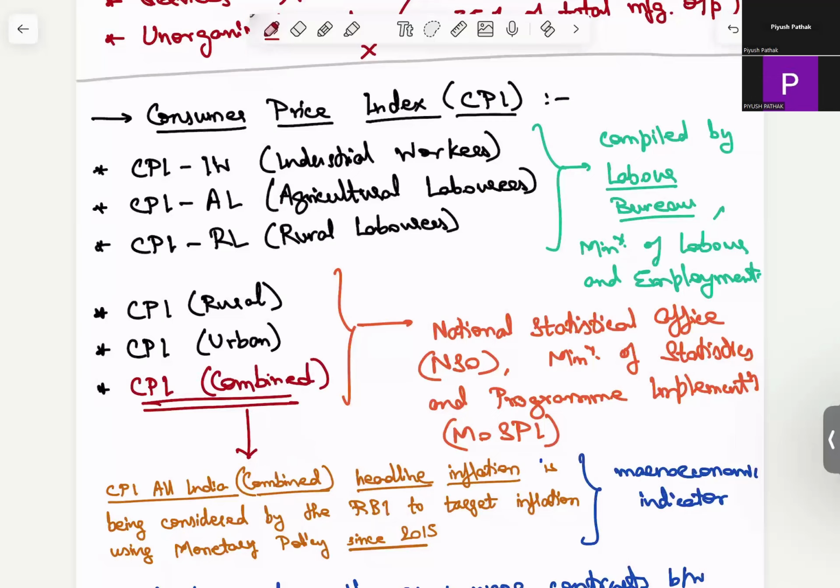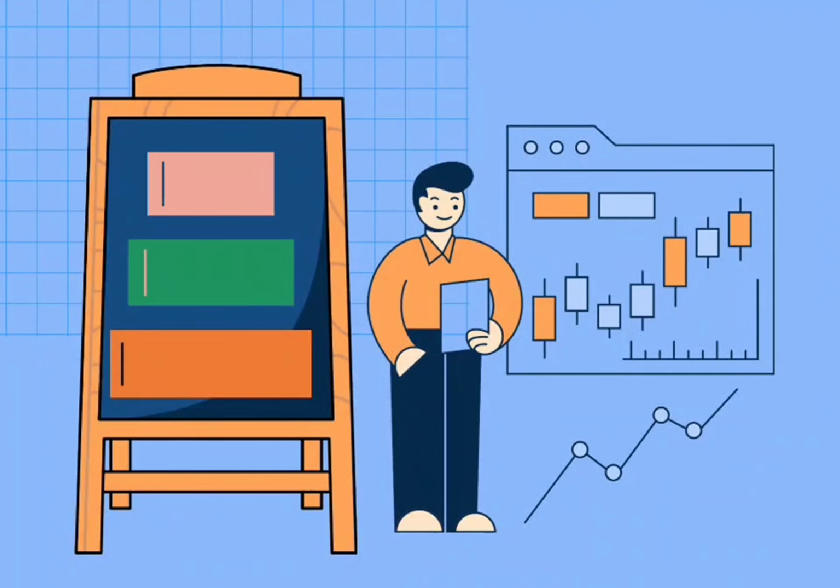This is the inflation measurement at the retail or the consumer level. Because India has a lot of inequality, it does not have the same kind of consumers everywhere. It is measured in different ways, it has many sub indices. There are roughly 4 indices. The first is for industrial workers, IW.